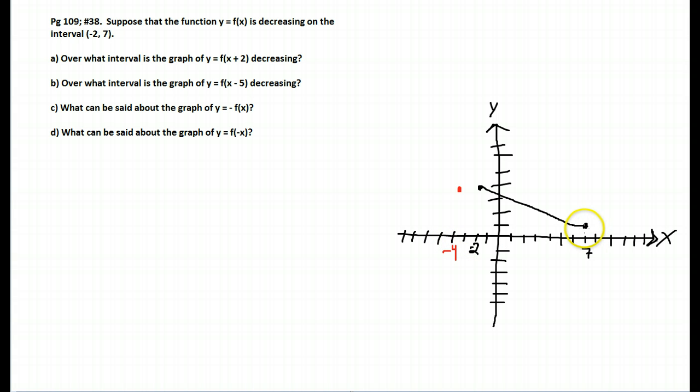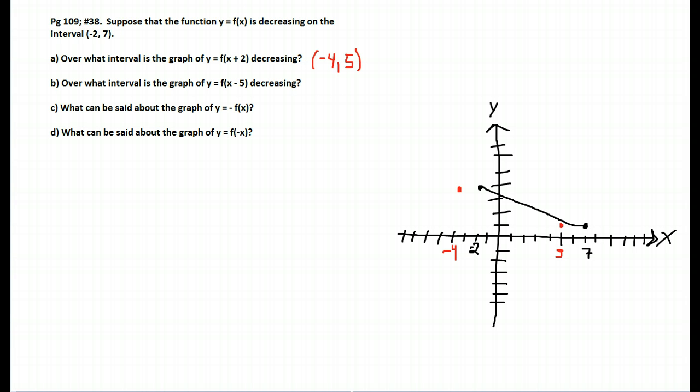If I move this point left 2 units, the x-coordinate would be at 5. So the interval would be from x equals -4 until x equals 5. Non-inclusive, because the original was non-inclusive. That's why we use parentheses, instead of a bracket.